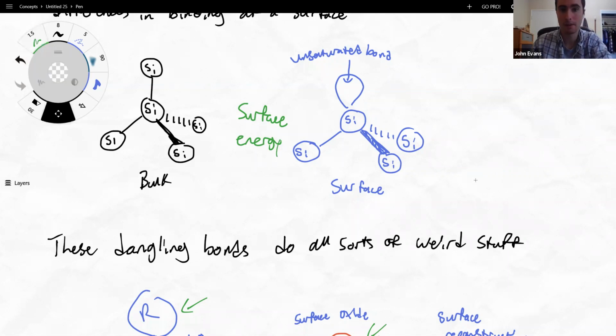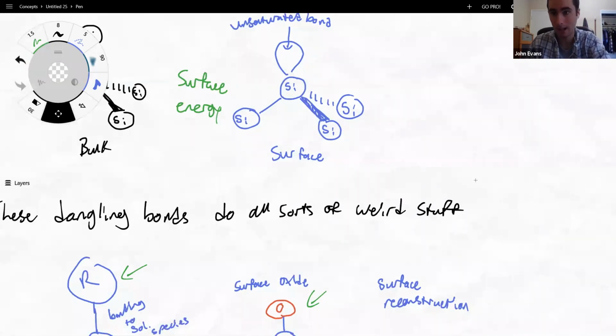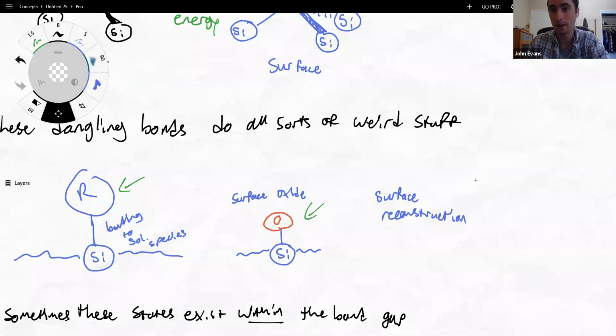And so what will sometimes happen is your surface energy is so high. In other words, it is so energetically unfavorable to form a specific surface that it is more favorable for your entire crystal to just start rebonding. And so you get scattered bonds all over the place and you can reconstruct into a different surface.